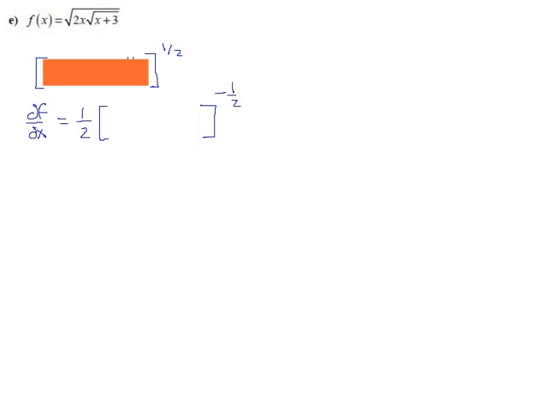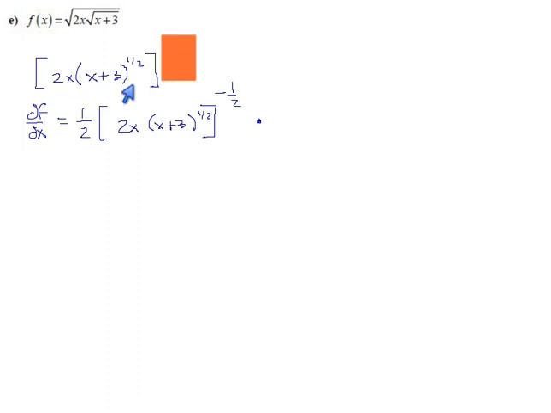Fair enough? Okay, now let's open the box and see what was inside there. That inside piece is 2x times x plus 3 to the half, so I can just copy that in here. For now, I'm just copying. Times, now the math says, just do the derivative of what was inside there.